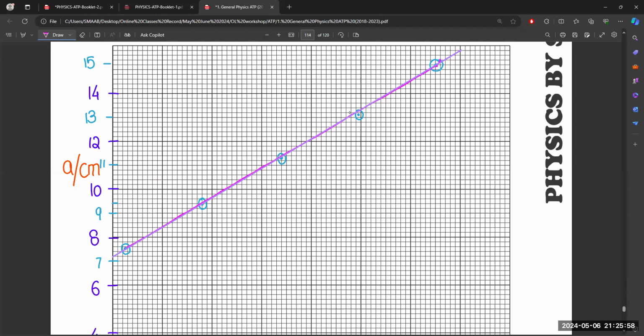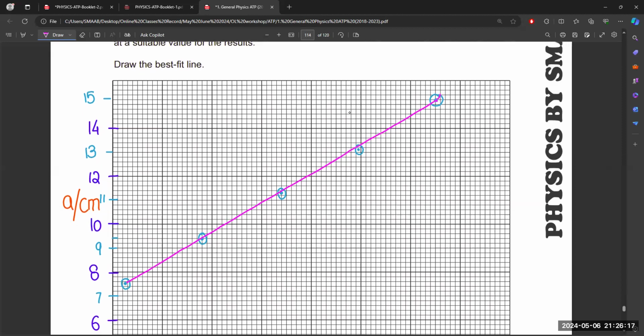So I'm marking on screen, maybe slightly markings are not accurate, but on paper it will be easy for you. So in most of the cases you will get the same graphical representation. You will get all the points in a straight line. Okay, so you don't need to worry about it.